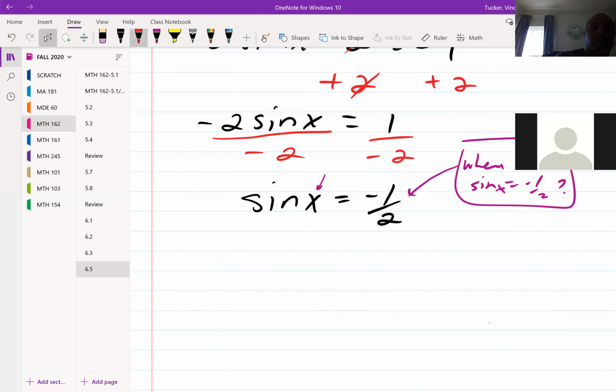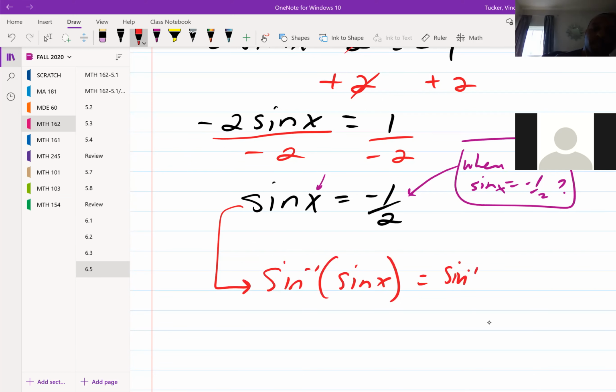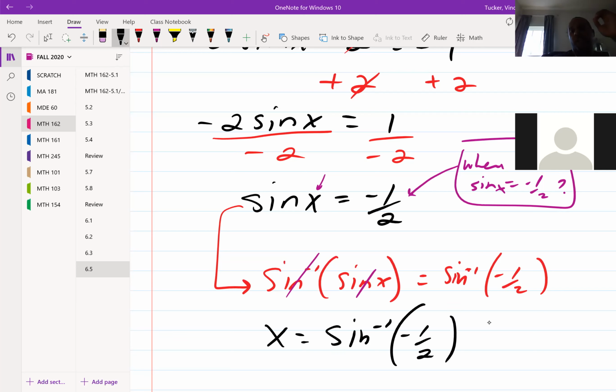And don't forget what actually happens here if you're talking about actually solving for x. Remember what we're doing is we're applying sine inverse to both sides to get rid of the sine that's applied to x. So we're actually looking at it like sine inverse. And some of you may have calculators that can actually do that and give you the exact value.